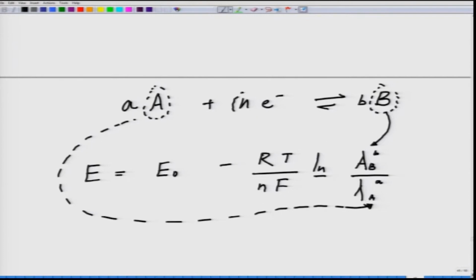And this is your number of electrons, what is being shown here.